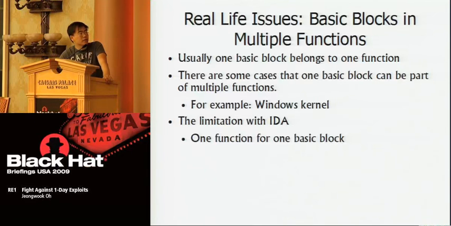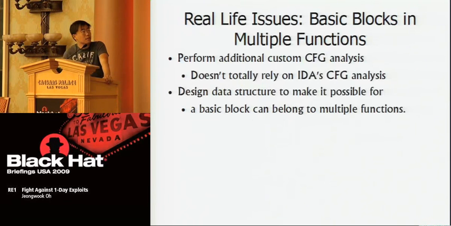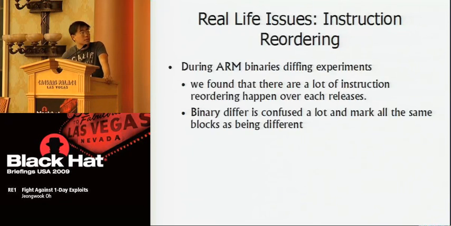It usually happens with the Windows kernel, because Windows needs to save space. They are doing severe optimization and reusing some basic blocks from other functions if they are the same. So we are doing our own CFG analysis again, because IDA can't handle multiple functions for one basic block.